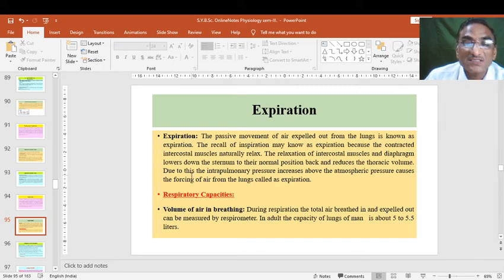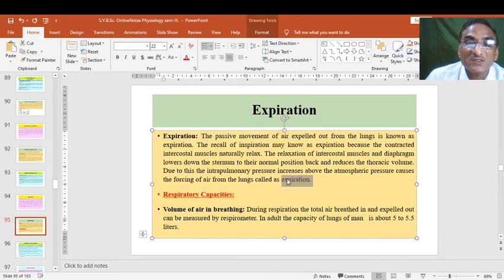Due to this, the intrapulmonary pressure increases above the atmospheric pressure and causes the forcing of air from the lungs, and this is called expiration.